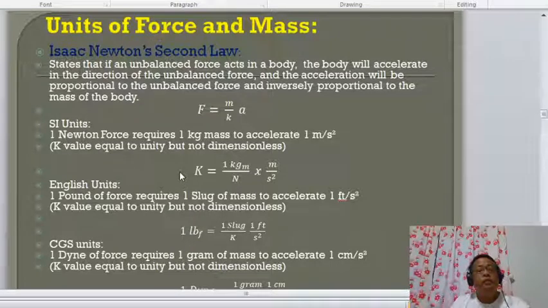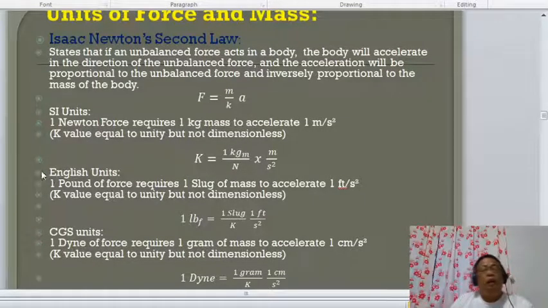Okay, so let us now proceed. In English, take note. In order to develop or produce 1 pound of force, take note, that is 1 pound of force.